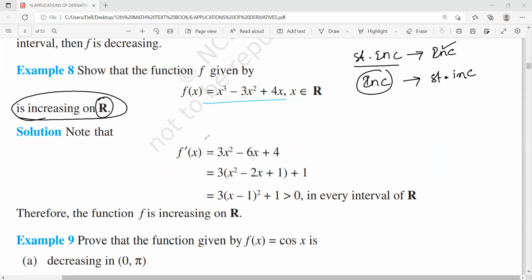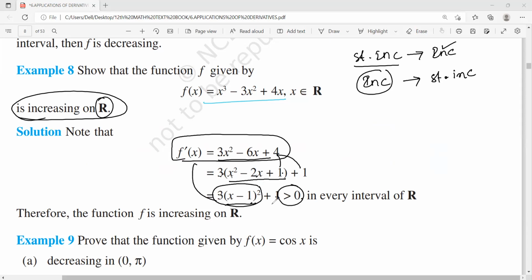So you found f dash of x here. If you take 3 common, 3 times x square minus 2x plus 4, you write 4 as 3 plus 1. Here it is a square minus 2ab plus b square form, so a minus b whole square. So 3 times x minus 1 whole square plus 1. A square is positive, plus 1 is positive.